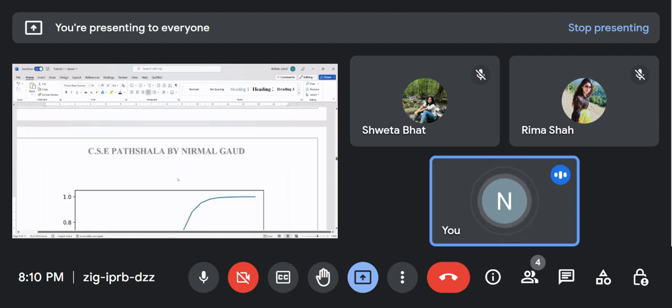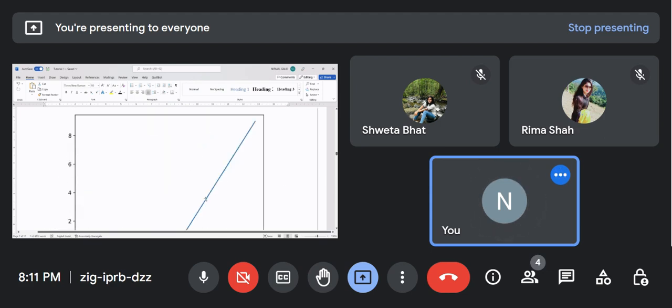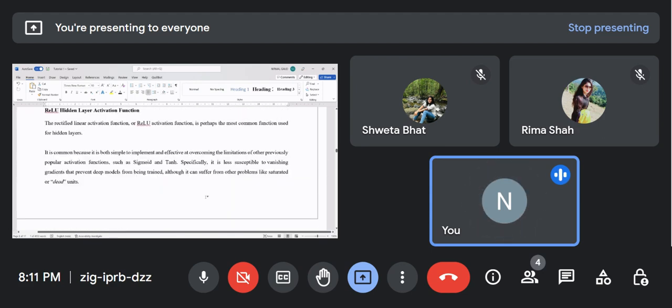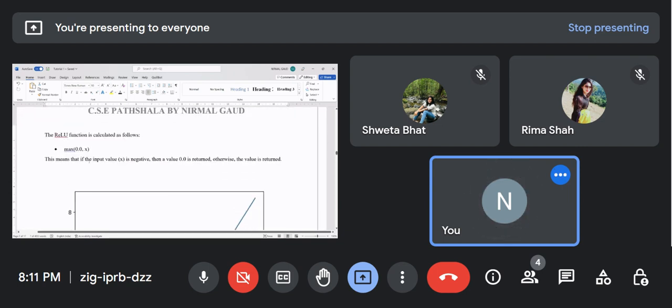Previously, what kind of input were they taking? They are taking the input 0 to 1. This function, ReLU, what kind of input has it been taking? I'm not strict to just only -1.